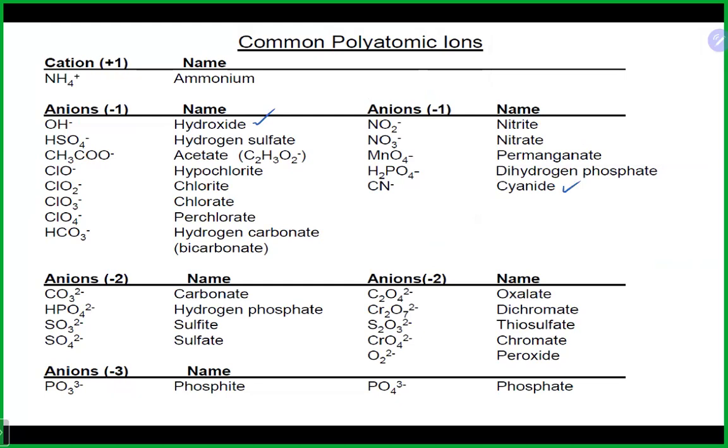So there are a few polyatomic ions that will end in ide, but a vast majority that end in ide should be something from the periodic table. But there are a few polyatomic ions that will do it in that way.